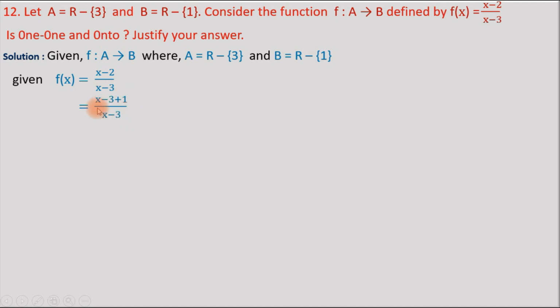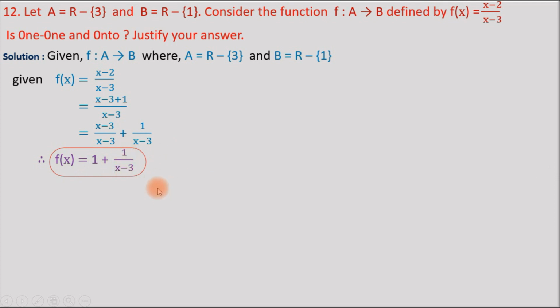Then split this term, that is x minus 3 divided by x minus 3 plus 1 divided by x minus 3. So, f of x equals 1 plus 1 by x minus 3. Hence, the given f of x can be simplified as f of x equals 1 plus 1 by x minus 3.